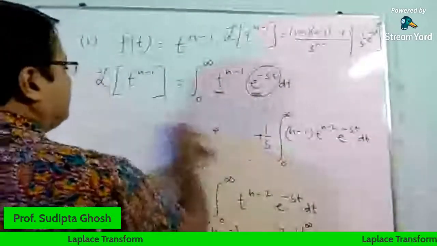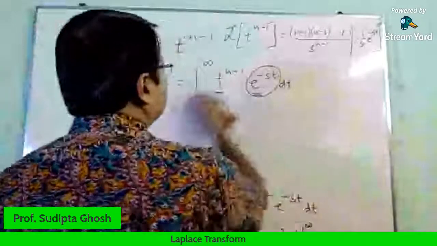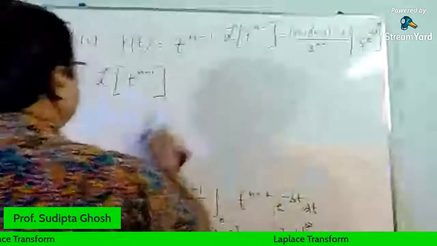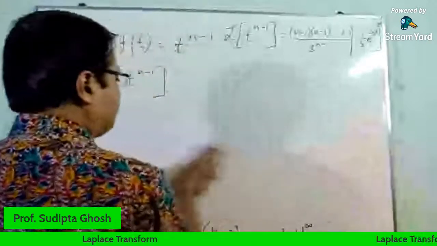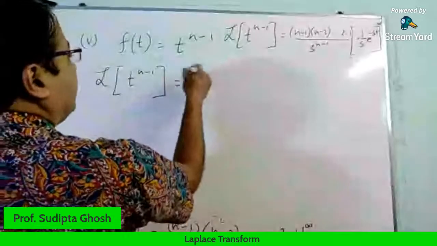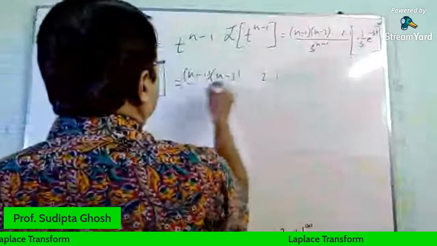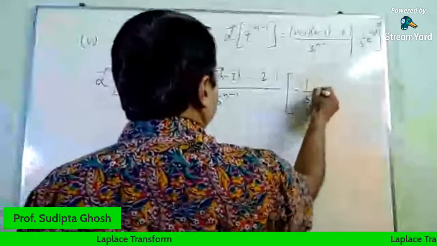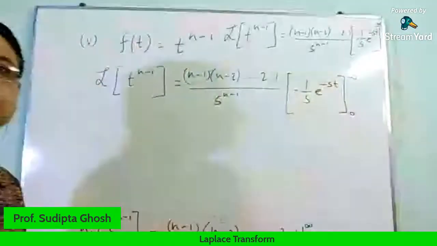If you have any problem to see it, because of the logo in the topmost part of the display, I'm writing here again. So the value becomes n minus 1, n minus 2, then 2, 1, over s to the power n minus 1, and this is minus of 1 by s e to the power minus st, limit 0 to infinity.